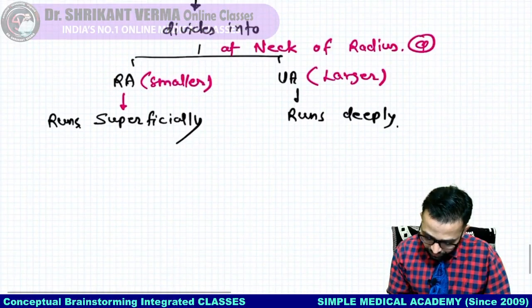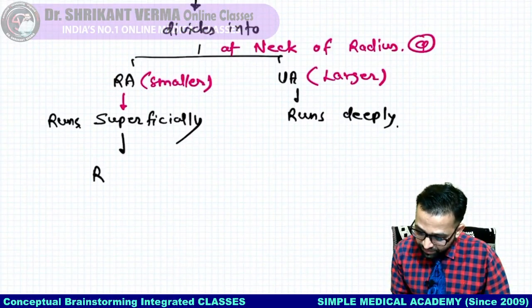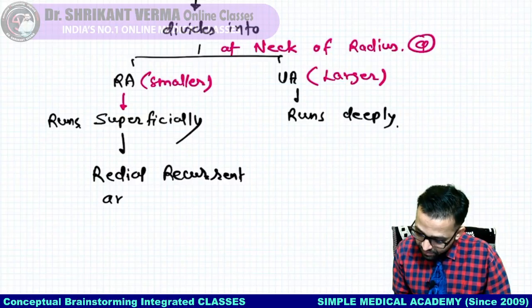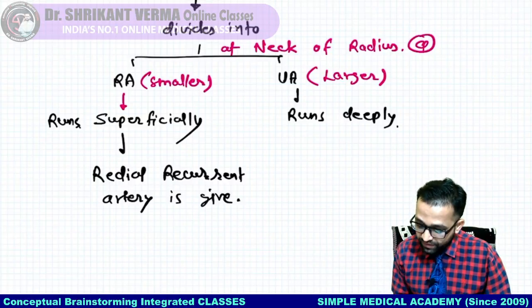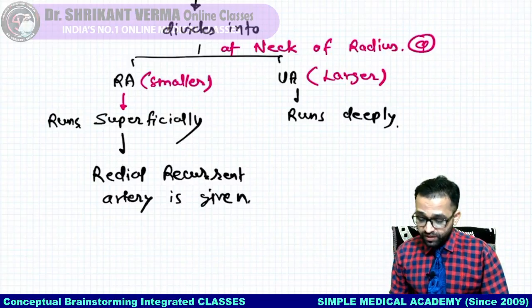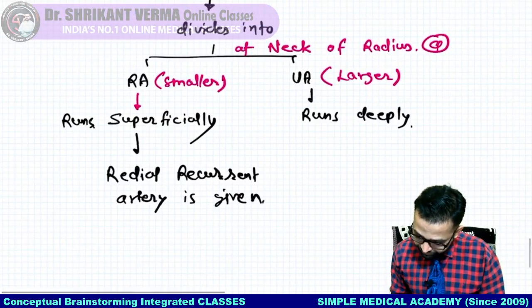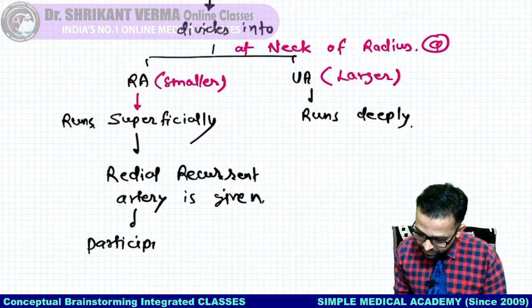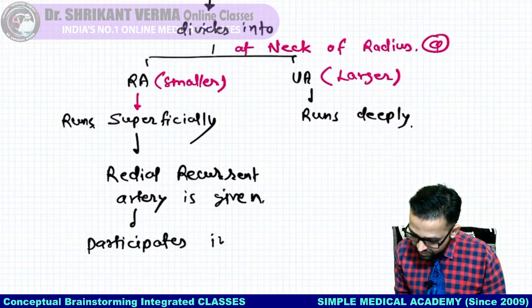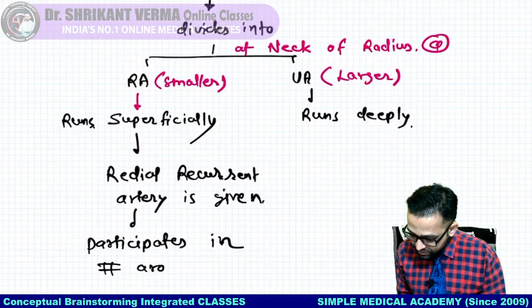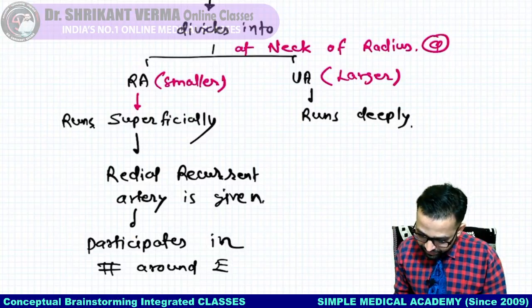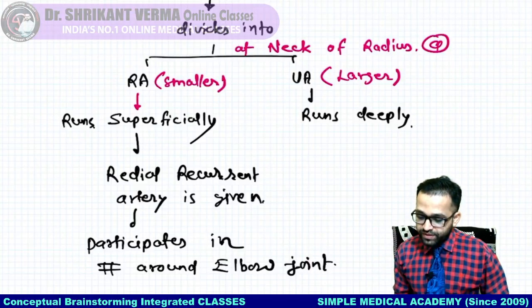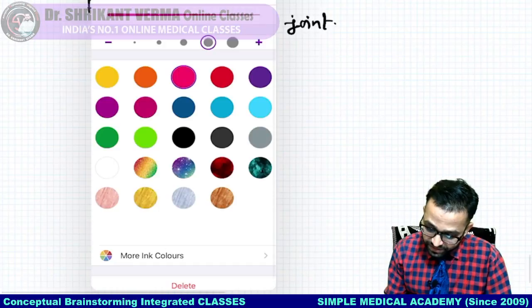Okay, now what you have to remember, this radial artery was giving the branch, the radial recurrent artery, which participates in anastomosis around the elbow joint. Okay, so just to try to understand again that diagrammatic presentation.